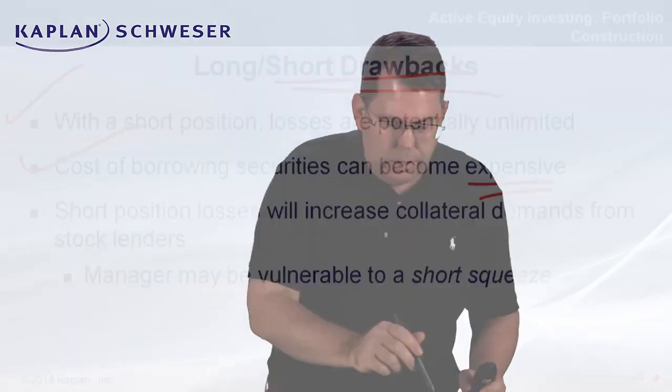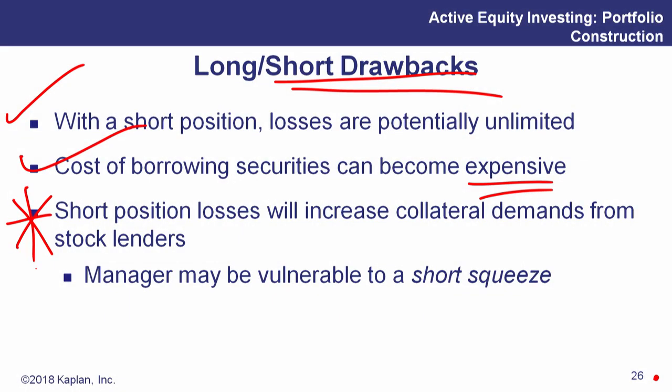The other thing that's really important, just like anything else with supply and demand, if all of a sudden a lot of people want that stock that I need to go short, I might have to put up a lot of collateral. I might have to pay a lot for it. All of this eats into my alpha or my expected return.